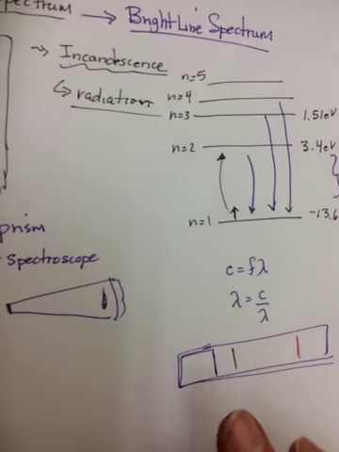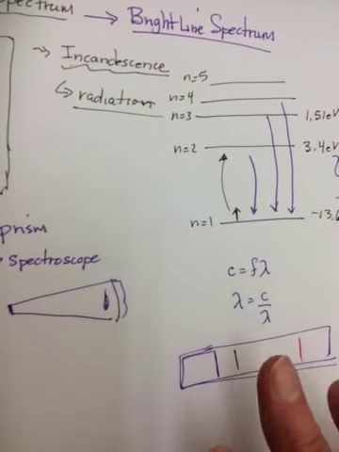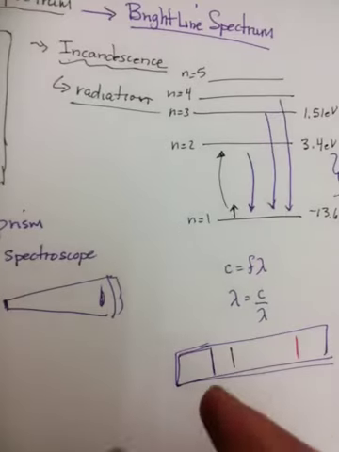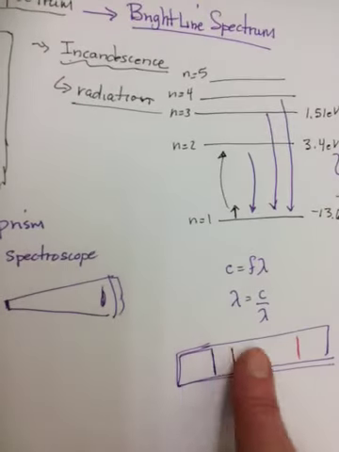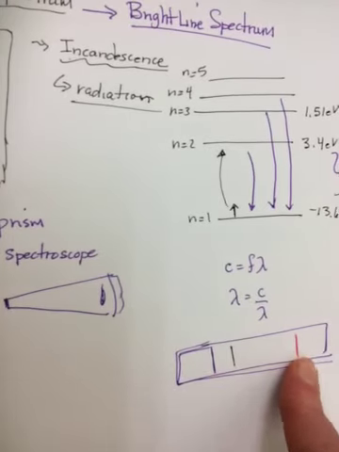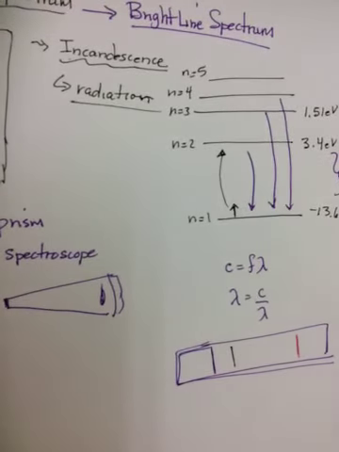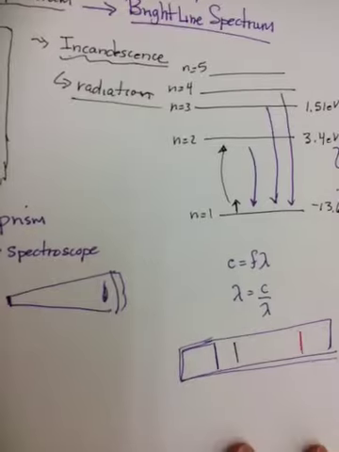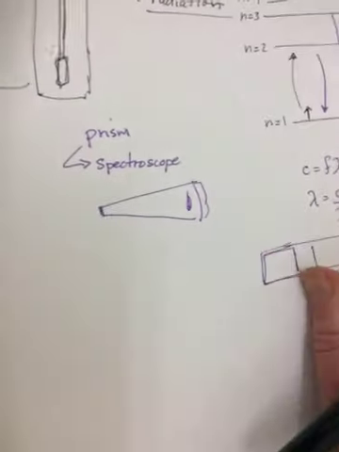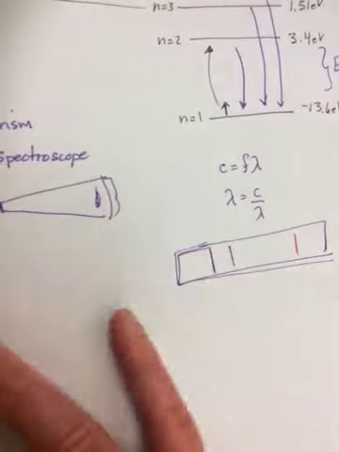Okay? No 2 elements have the same emission spectrum. So an emission spectrum is like our fingerprints, okay? No 2 people have the same fingerprints. No 2 elements have the same emission spectrum. We can actually identify an element by its emission spectrum, right? So people who study these, if they would take one look at this, say, oh, that's hydrogen.